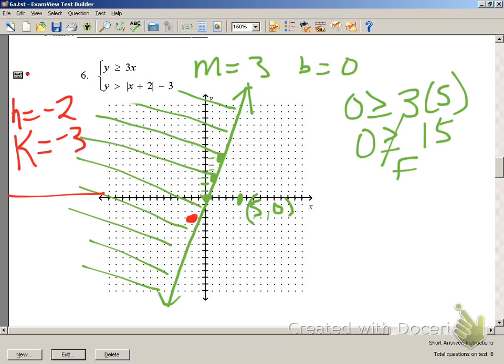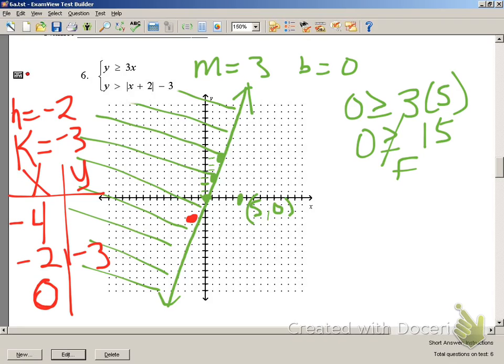And if we need to, we can plug in some points. At -2, we have -3. What if we plugged in -4? Let's plug in 0. Where are my points?